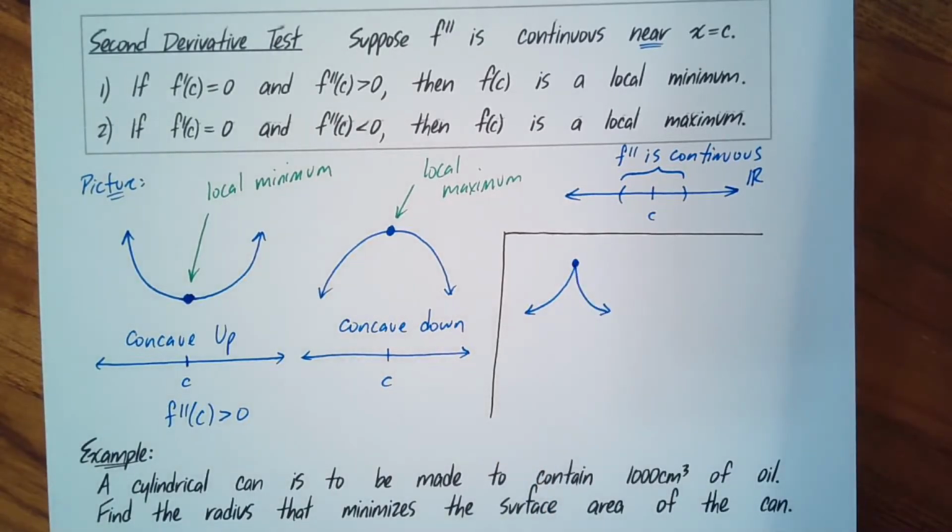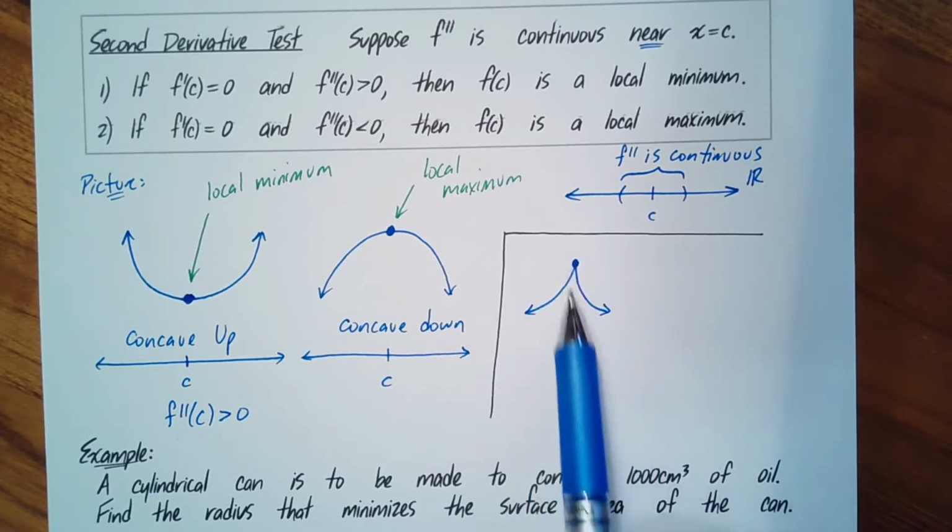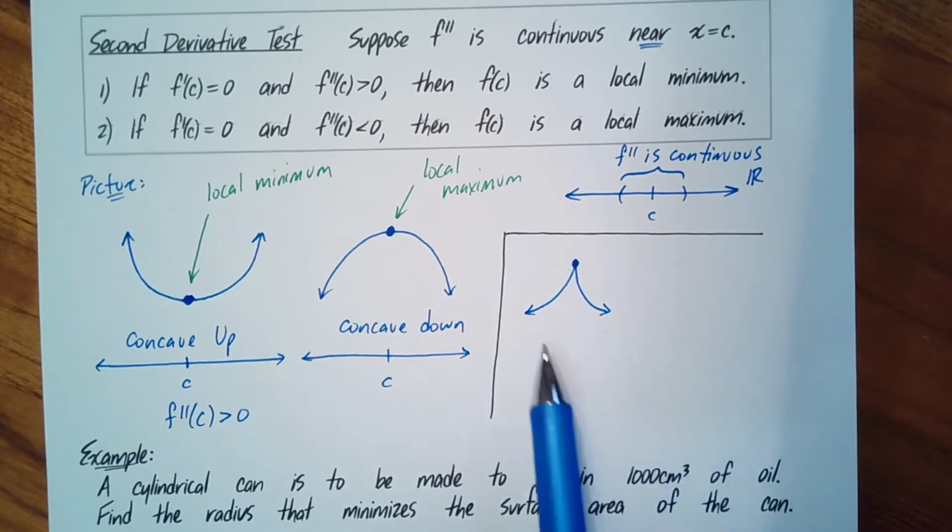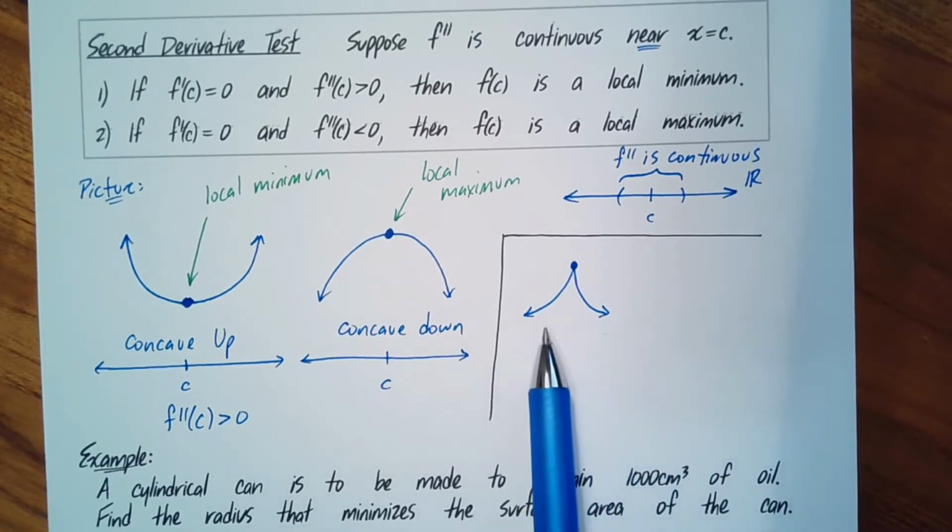That's not concave down. In fact, if anything, it's concave up, although there's an issue with the concavity right at the x value of that point. It's not concave up at that point, because I would say it's not even differentiable there. So it's definitely not second differentiable at the x value of this point, whatever that may be. But it's definitely not concave down, right? But that is a local maximum.